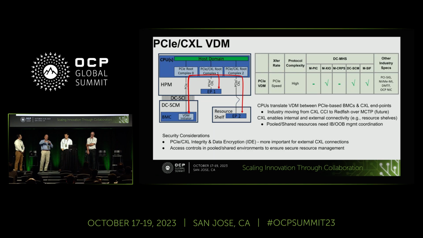But as we've seen in some of the CXL work discussions here, now we're going to be talking about peripherals that are in external shelves. So you might disaggregate some of that, either as dedicated external memory or peripherals, or in a shared or pooled environment. These are going to complicate how VDM is used, and primarily where we're going to run into problems is from a security standpoint.